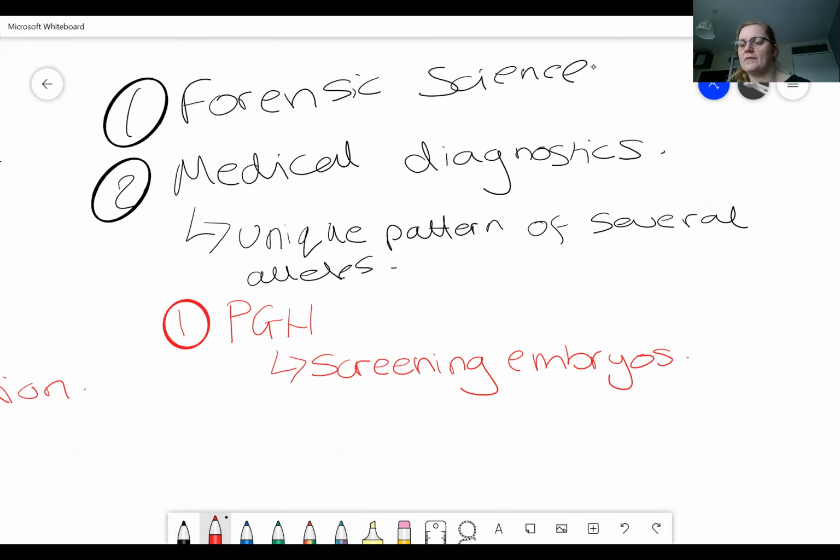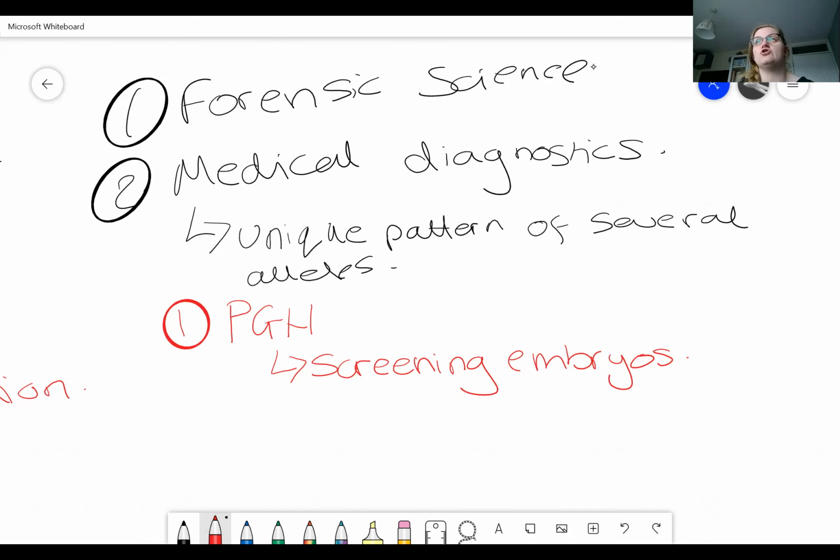Embryos that have been created by IVF are screened for genetic disorders before they're implanted into the uterus. The faulty regions of the parent's DNA are used to produce genetic fingerprints, and these are compared to the genetic fingerprint of the embryo.